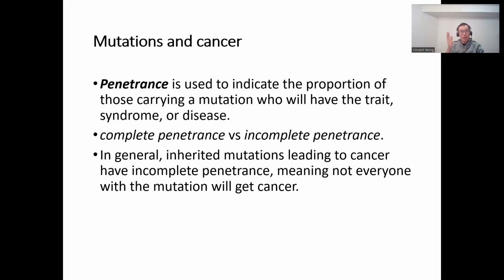It turns out just because you have the disease gene doesn't guarantee you're going to get it, right? You might have a higher chance of getting it, but you might not get it for sure. Sometimes it's complete penetrance. Complete penetrance means if you have the disease gene, you are guaranteed to have the disease. That's the worst case scenario.